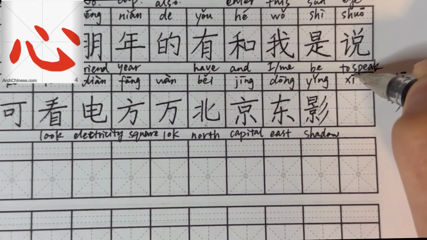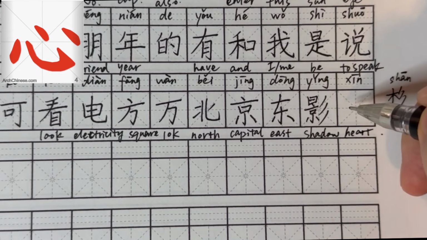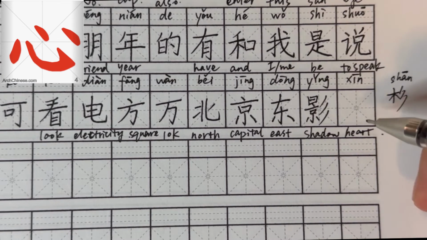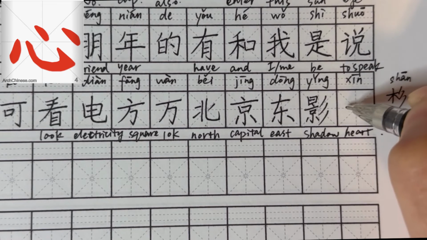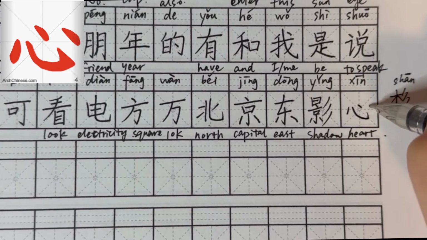Easy one, a simple character. 心 means heart. In this character, we can see there are 4 strokes, 3 dots, 3 点, and a 弯钩, right? 弯钩. 点弯钩点点.